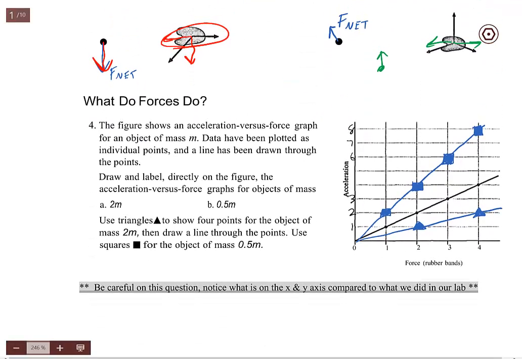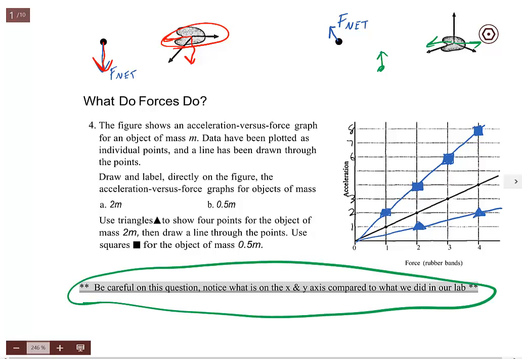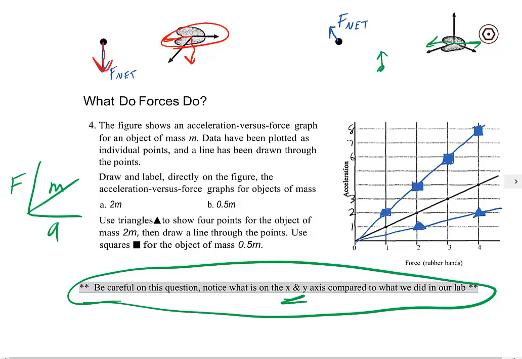Okay, and number 4, be careful here. It says down here that the x and the y-axis are different compared to our lab. In our lab, we graphed force and acceleration, and the slope was the mass. From that we got F equals ma.